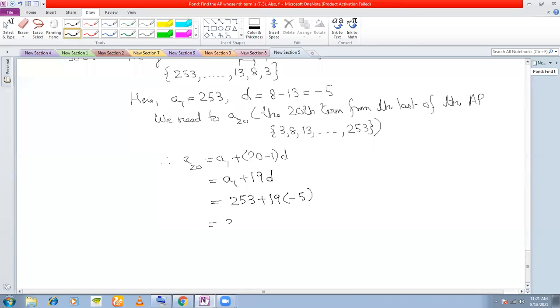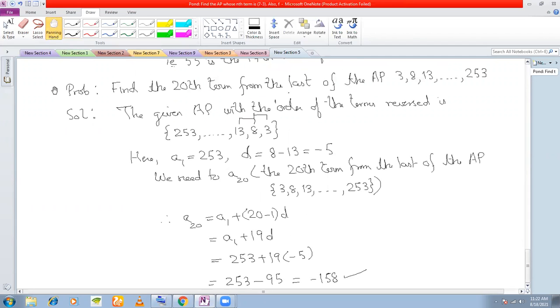So which is equal to 253 minus 95, since 19 into 5 is 95. 253 minus 95 is 158. So this is your answer. So the 20th term from the last is 158. Okay. Any question?